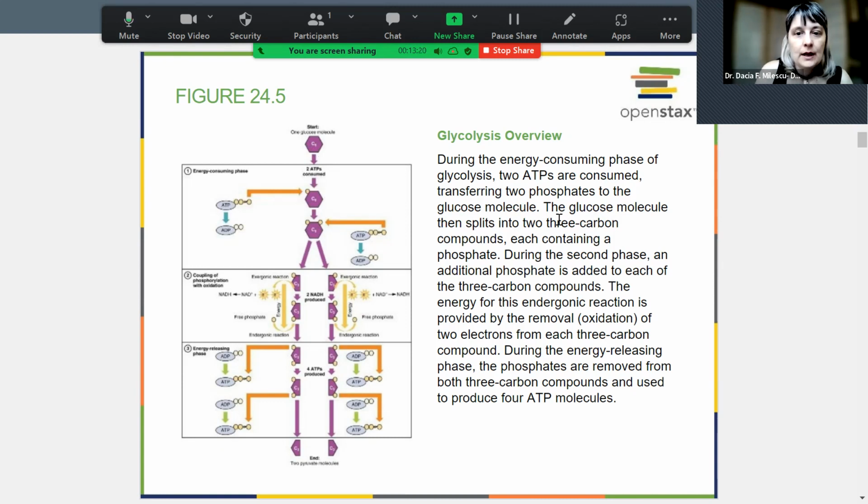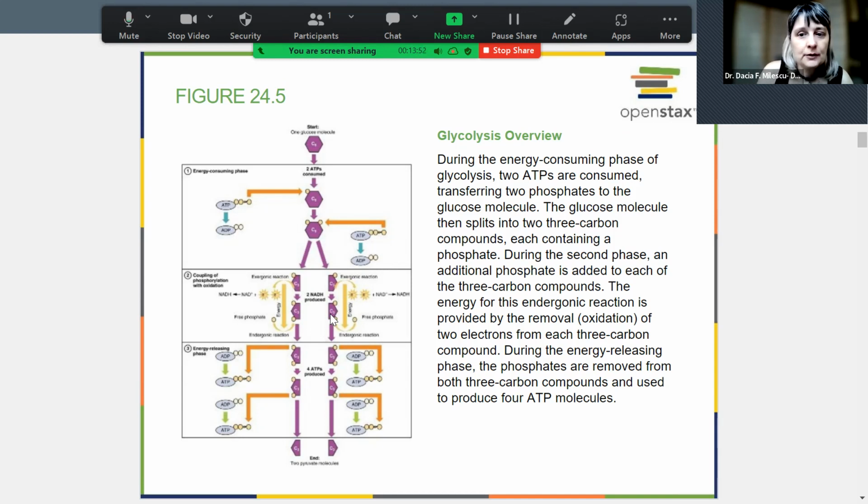All right, so now what? The glucose molecule then splits into 3 carbon compounds, and at this point each has a phosphate. All right, and so each time we have a reaction, we need ATP to go to ADP. So that is a reaction to create the energy to be able to do this. So now we have this phosphorylation where each of these molecules has the phosphate, right?